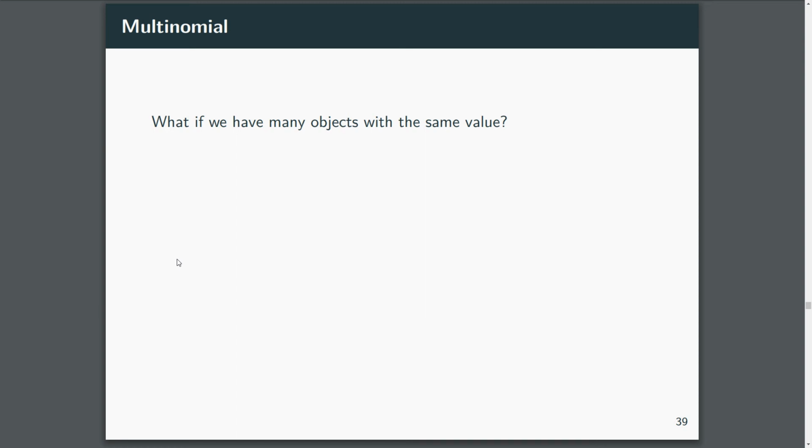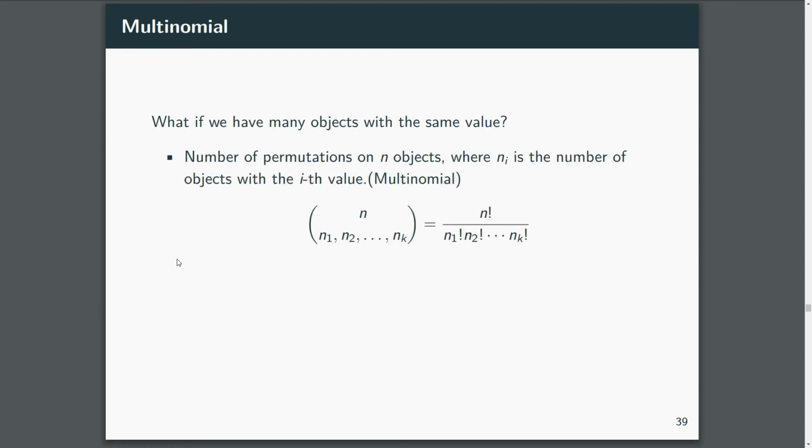A more complicated case is the multinomial. We could have objects with the same value. So for example, the number of permutations on n objects, where ni is the number of objects with the ith value.